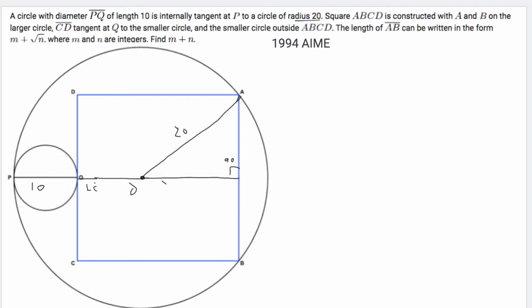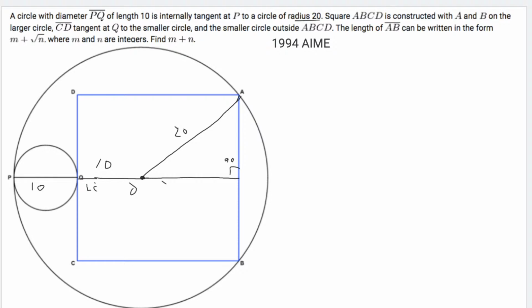Okay, it seems like no one has gotten the answer yet, but it's fine, I'll give you guys some more time. Also, we know that OQ is 10.